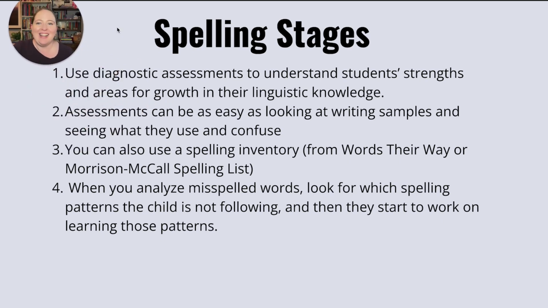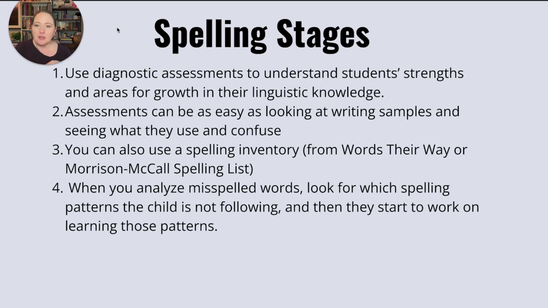Okay. So if you are using a spelling stages approach, many of you are probably familiar with this, but I just want to say clearly, you have to have some sort of assessment to understand their strengths and their areas for growth, right? Otherwise you don't know how to differentiate. You can just look at their writing samples and pull words that they're misspelling off of their writing. It doesn't have to be a formal assessment, but it does need to give you enough information to know where to start.